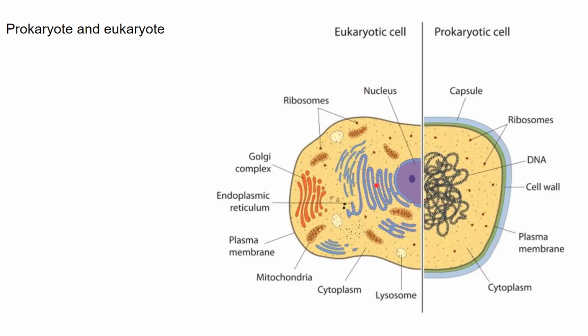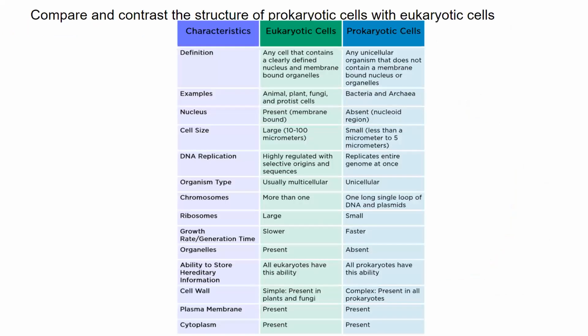Then eukaryotes and prokaryotes both may or may not have a cell wall, right? Some prokaryotes may have a capsule, but most of them end up having a cell wall. Not all eukaryotes have a cell wall. Some do. Animals don't. Fungi and plants do. So you need to understand that the membrane and membrane-bound organelles are the defining feature.